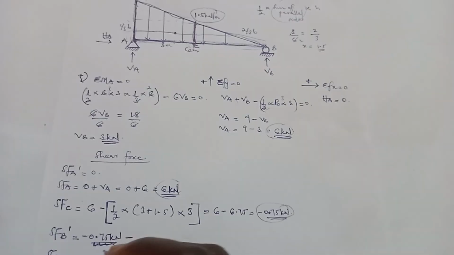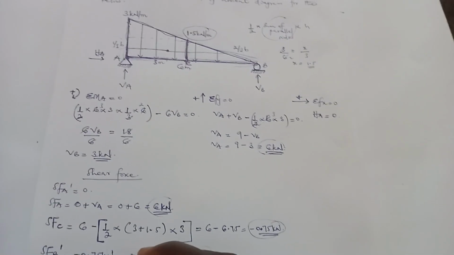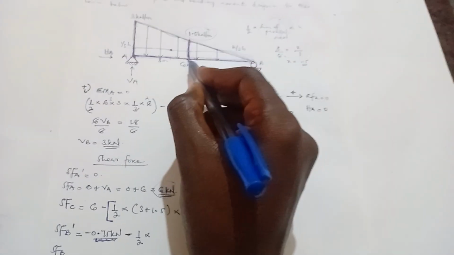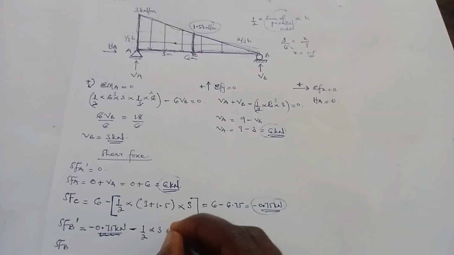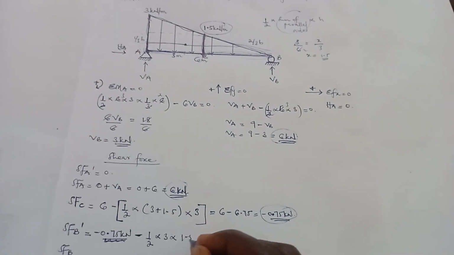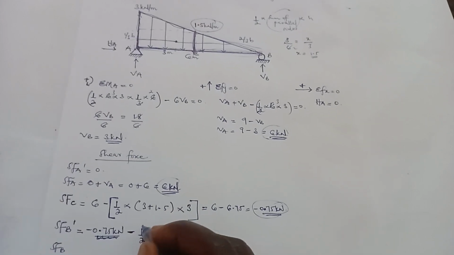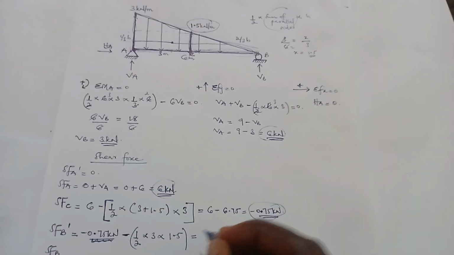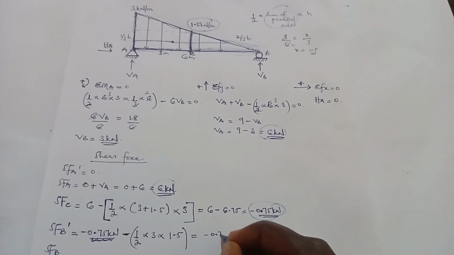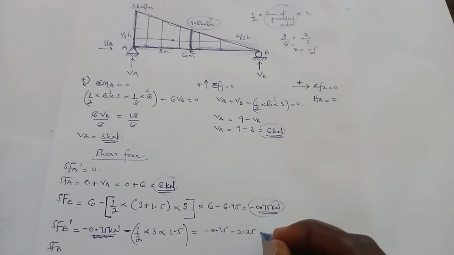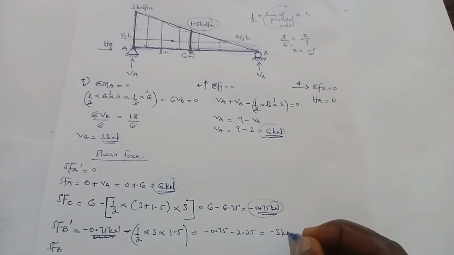So it's going to be negative 0.75 minus half of the base of the triangle. The base is 3 times the height. The height is 1.5. So this will give us the force. When we solve this, we're going to get negative 0.75 minus 2.25, and this will give us negative 3 kilonewton.